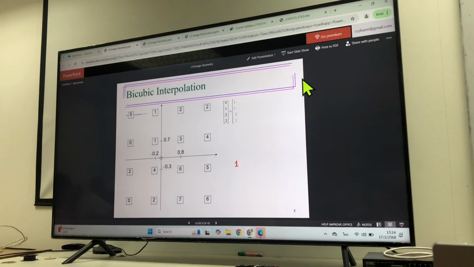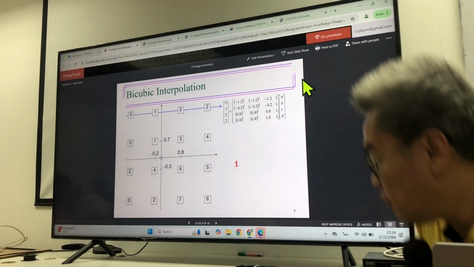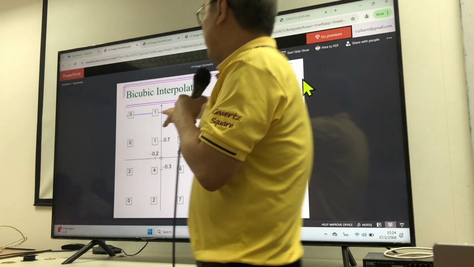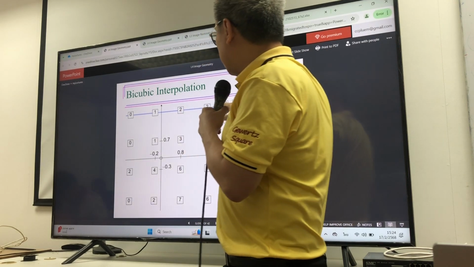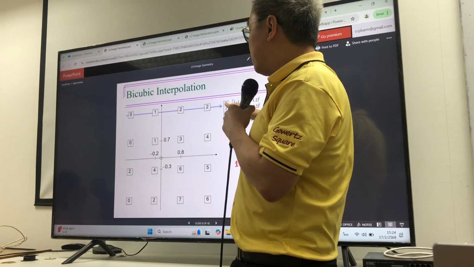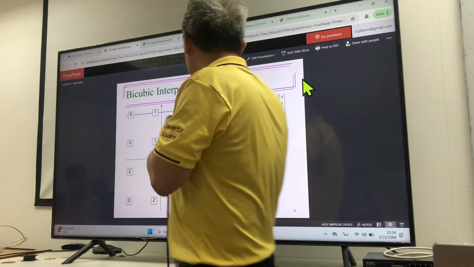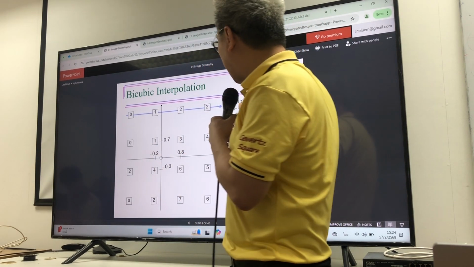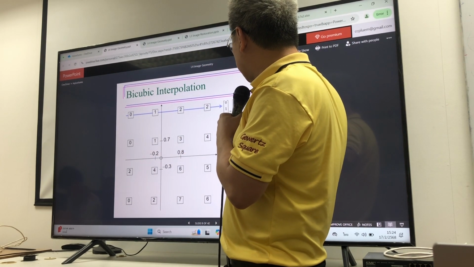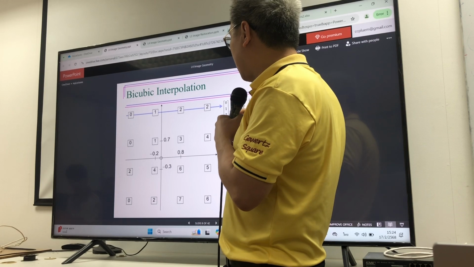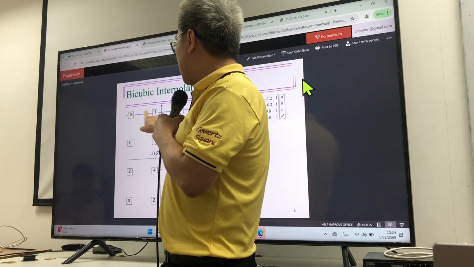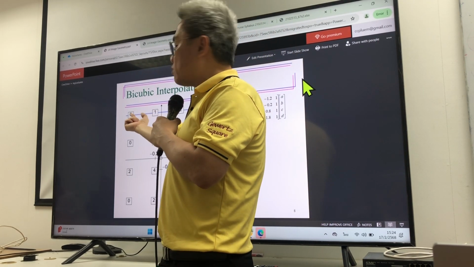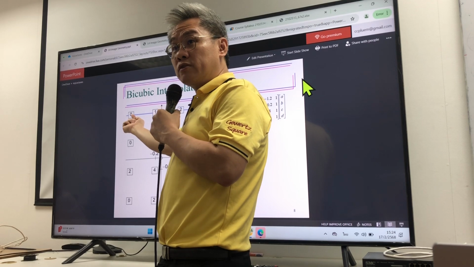Now, with the bicubic, for these equations, it's going to be what? This is the value at zero, and the distance from here, the location, this is the x, this is the x, this is the x. So this one will be, this is 0.2, this is 1.2, negative 1.2.